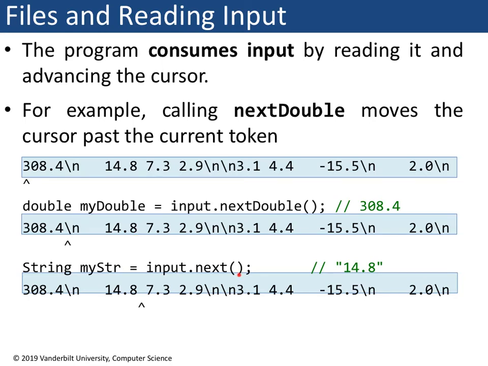So when this method is called, it will ignore the new line, ignore all the white space, return the token, and stop at the next white space. So it returns the string 14.8. And the new input pointer location is the space following 14.8.